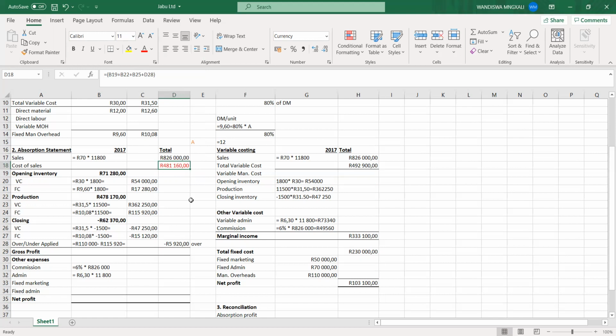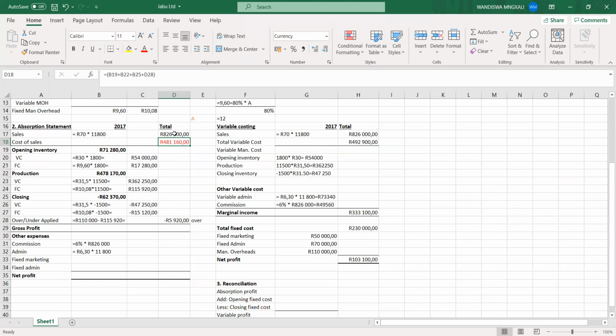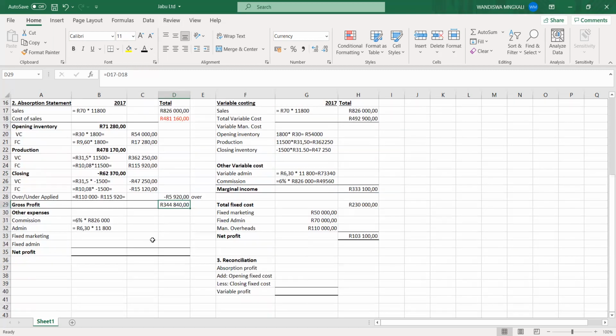Please take note that it's in red, therefore it is going to be minused. Okay, so my sales minus my cost of sales would then give me my gross profit. So my gross profit is 344,840. But remember, we need to take into effect the other expenses that we incurred.